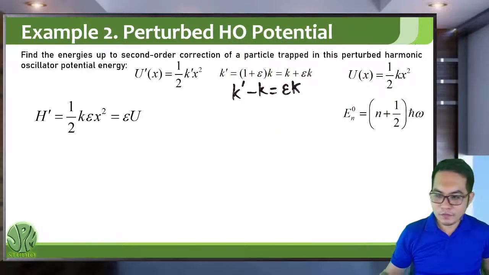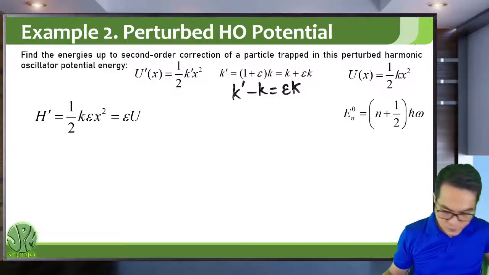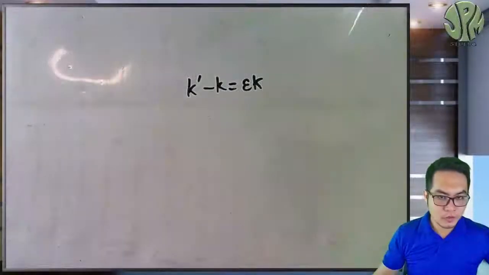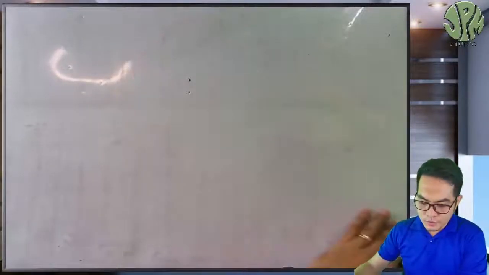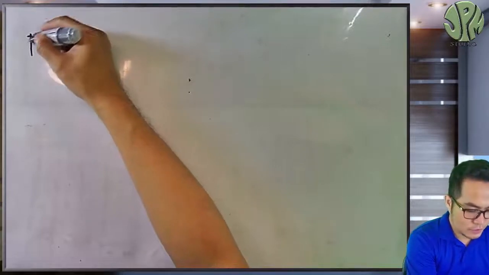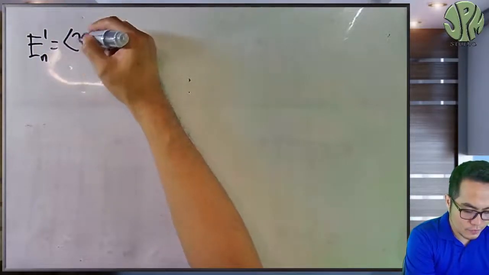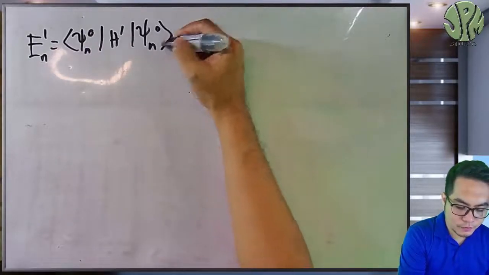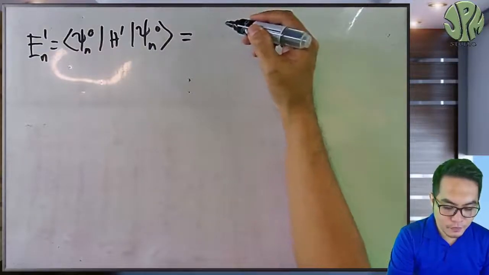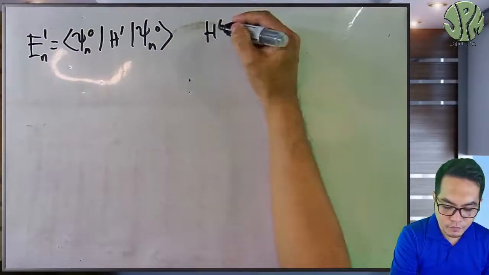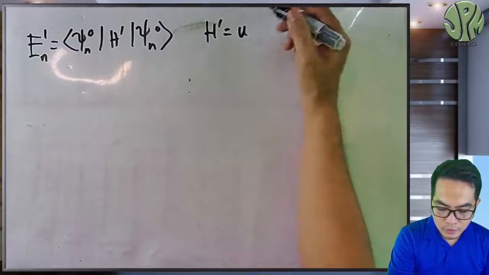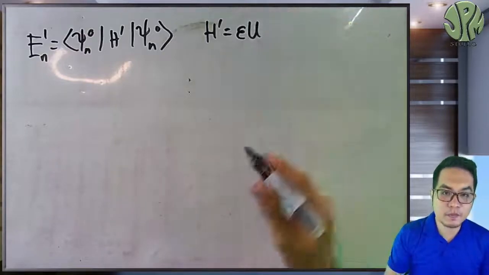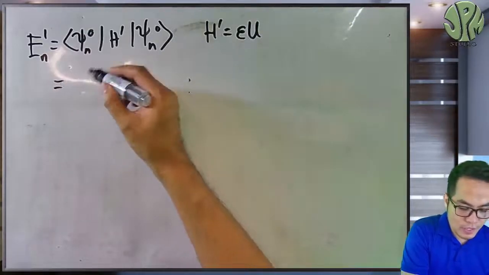Now, to solve for the first order correction, we need this formula. En1 is just the expectation value of psi n0, H prime, psi n0, where H prime, in terms of the potential energy, is epsilon times U. So in this case, epsilon is just a constant.